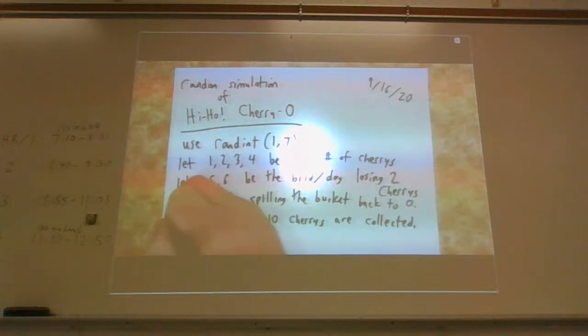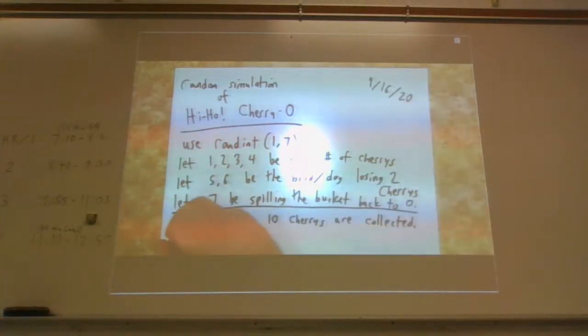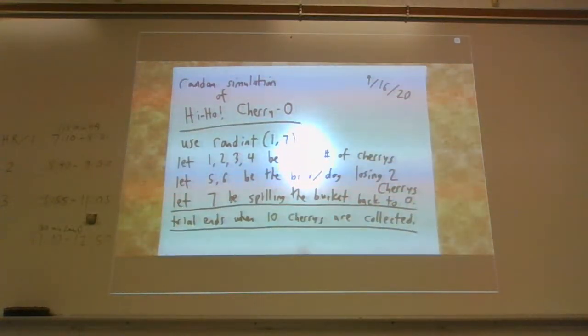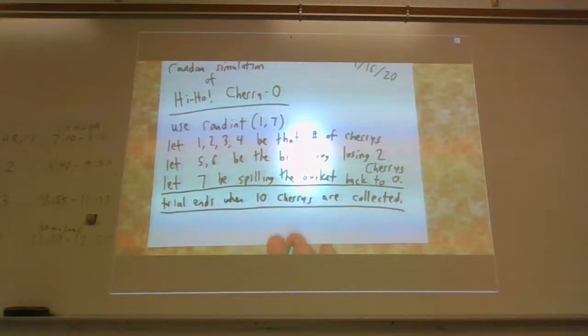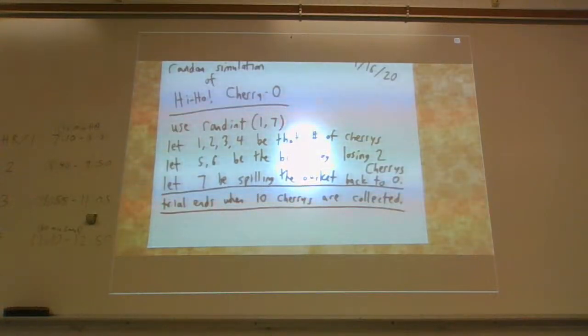We need to have a stopping point. So you need to identify when your trial is supposed to conclude before you move on to the next trial. Which begs another question. What's the response variable? I have to report something here. The response variable is based on the question that was asked at the beginning, the question that you're seeking to answer.